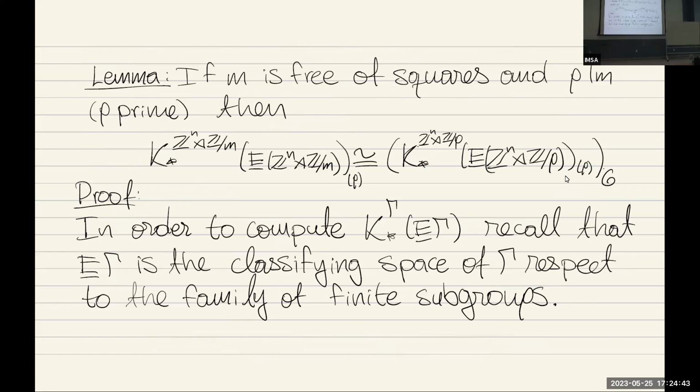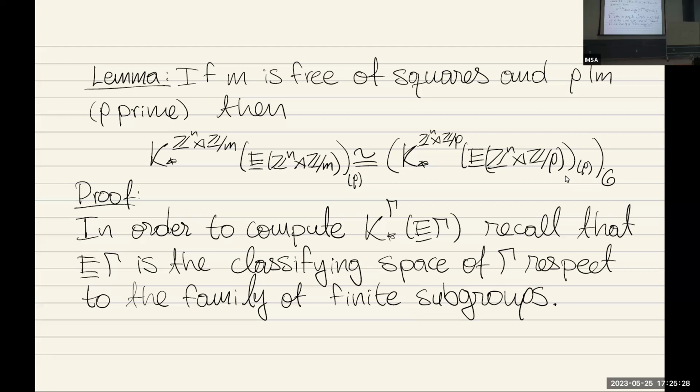The idea is again to prove that the equivariant K homology of E bar gamma with certain coefficients is the group of G co-invariants of equivariant K homology, with this set P. That is the idea, because we already know that this is torsion.